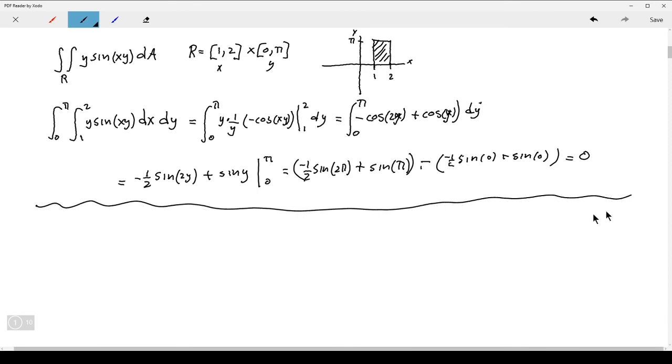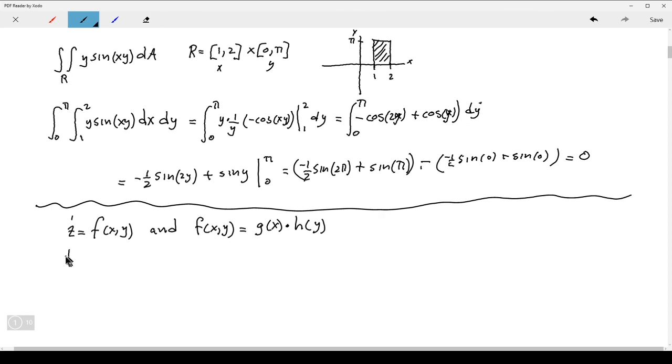A consequence of Fubini is if you have a function that can be factored, so if you have z equals f of xy, and f of xy can be factored so that you have a function of x times a function of y.